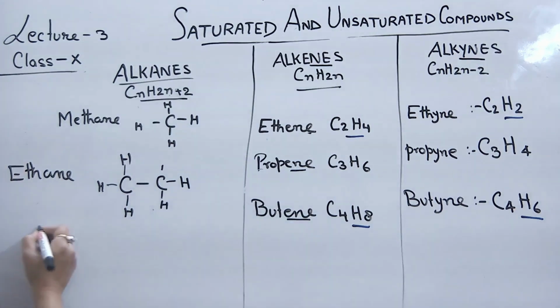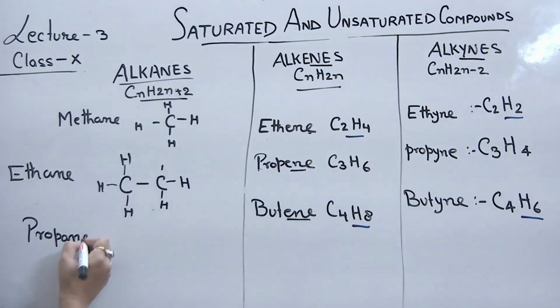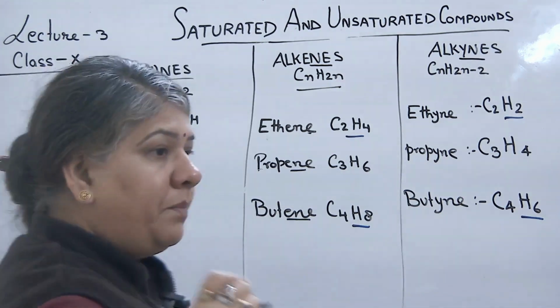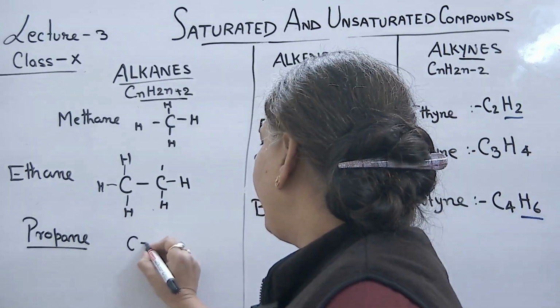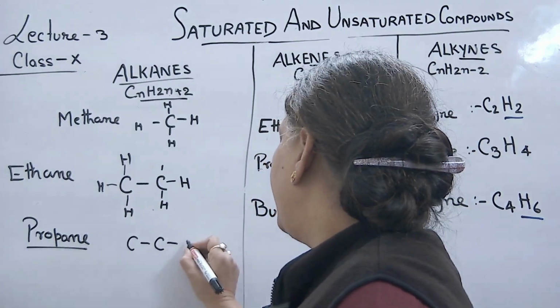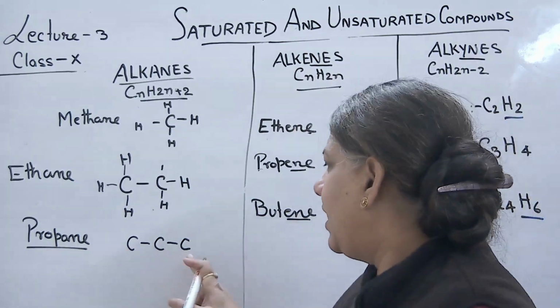Okay. Then similarly, propane. See, the word prop means 3 carbon, so write down 3 carbon. You don't have to memorize it, just understand and you can write it. Prop means 3, so write 3 carbon.